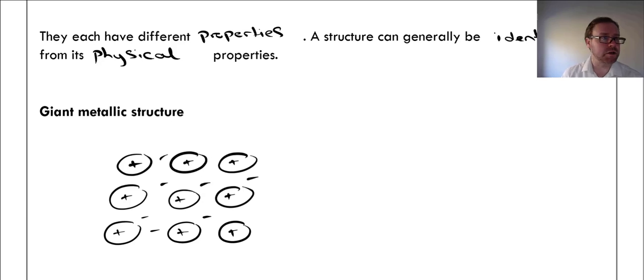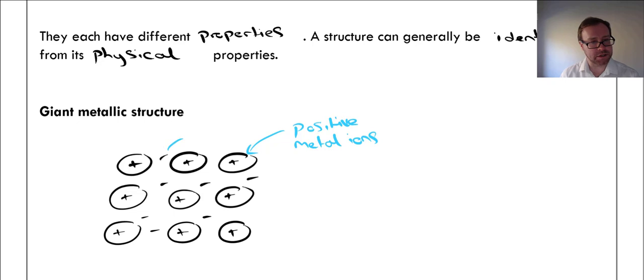Okay, so this is my structure. Now we need to label it. So these positive things, these are our positive metal ions. And in the middle and surrounding them, these things, these are a sea of delocalized electrons.